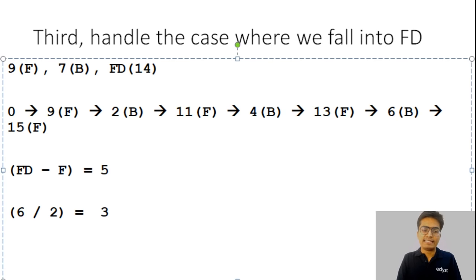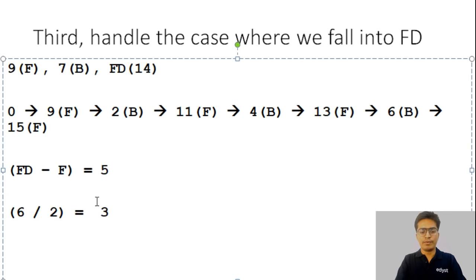Since in each step you end up incrementing your overall displacement by 2, you're never going to end up at 5, right? You're going to end up at 4, then you go to 13, and then you come back to 6. But since 6 is greater than 5, we know that at this point, the first point after which you cross fd minus f, the next step that you take is going to end up in the front ditch, right?